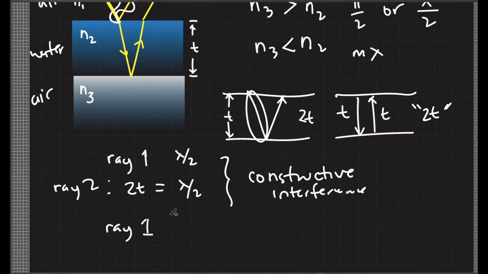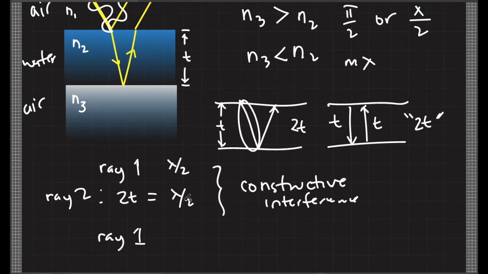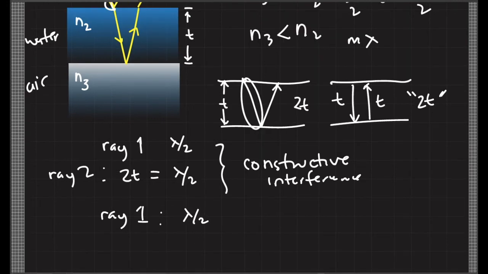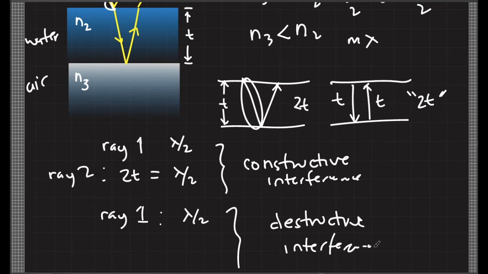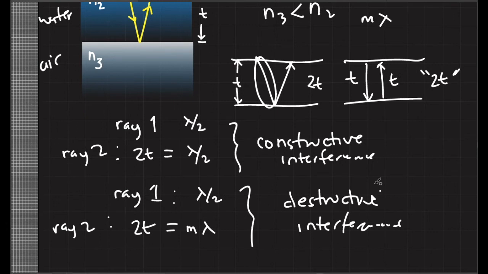Otherwise, if reflected ray 1 has a path difference of lambda over 2 and we observe that it produces destructive interference, then ray 2 must traverse a total distance that is equal to an integer multiple of lambda, so that when they undergo interference, they will produce a dark region or a destructive interference pattern.